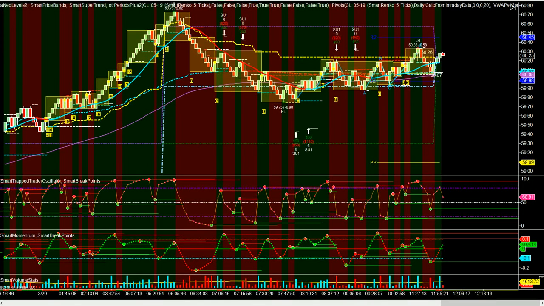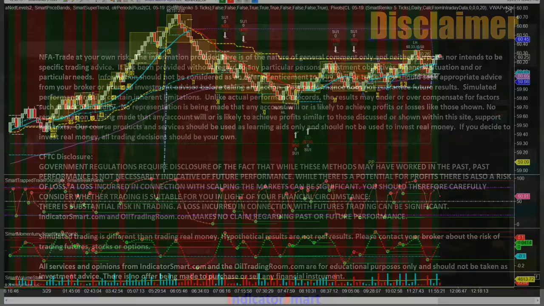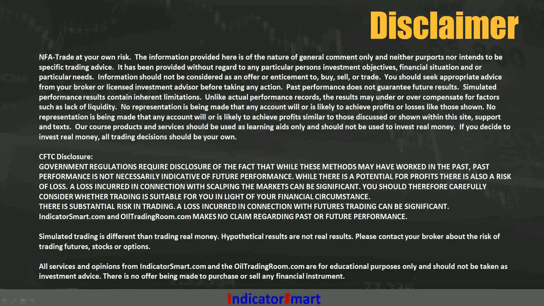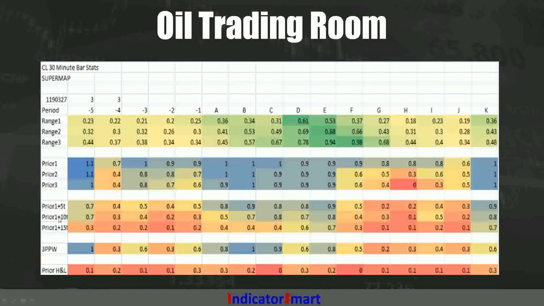And like I said, there are many other patterns and techniques that you will learn in the trading room. This is a super map that we use each day to map out these targets and things like that. And you'll learn how to use that in the room also.